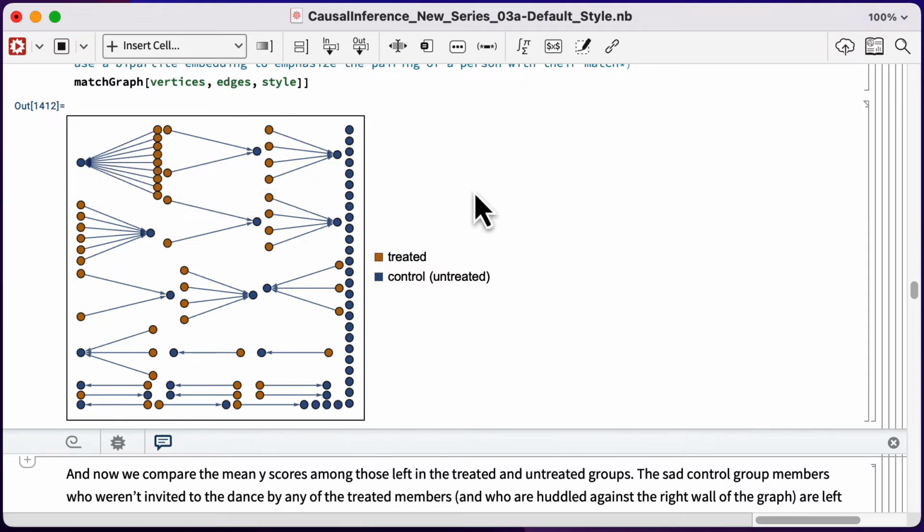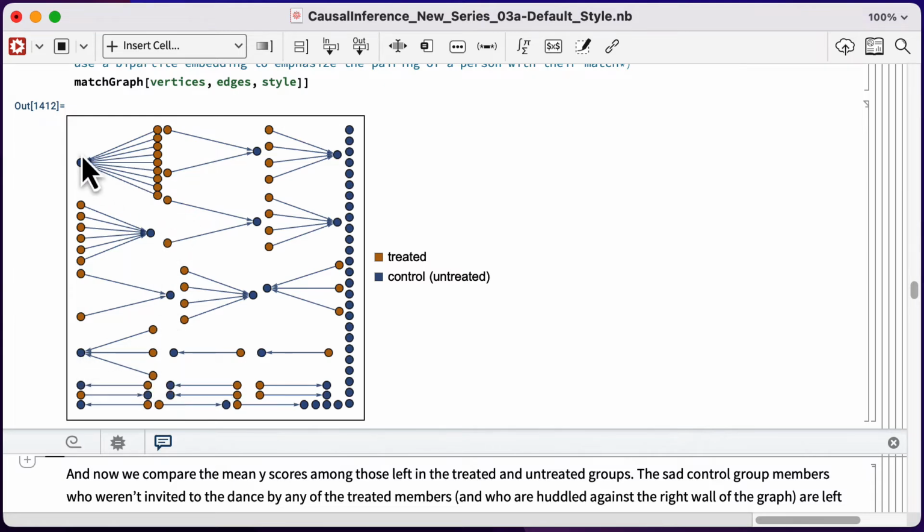And what you can see, by the way, is we've got kind of some polygamy going on here, or there are some people who are very attractive and then a lot of the control group is left out. What this means is this puts a huge amount of pressure on the values of the people who get dated a lot.